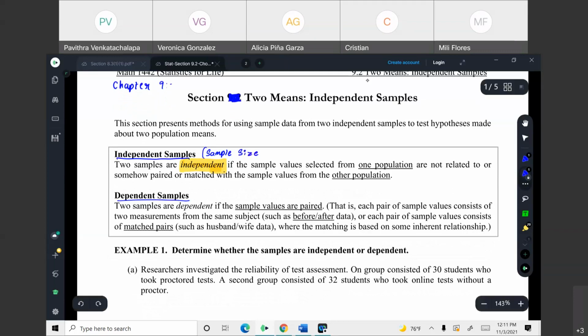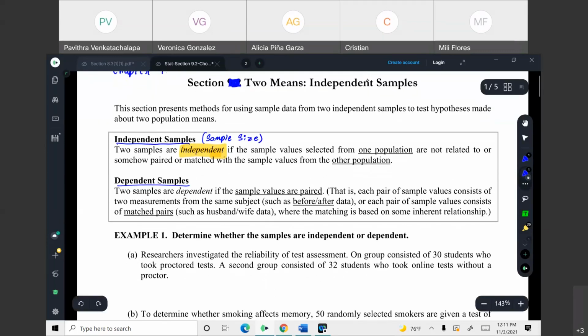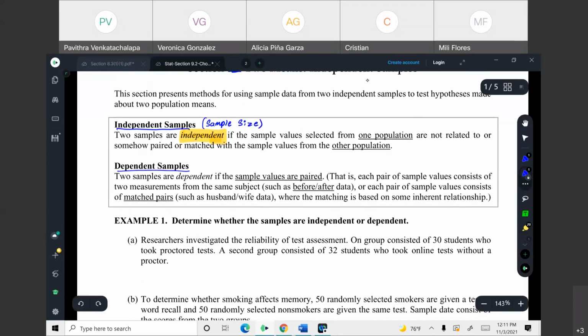Now, depending on the sample size of each population, you conclude whether it is independent or dependent. Okay, now when it comes to dependent, that means sample size are same.